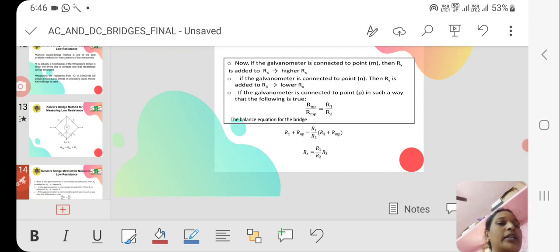So by connecting the point exactly at P position, we can neglect the effect of lead resistance in the unknown resistance.